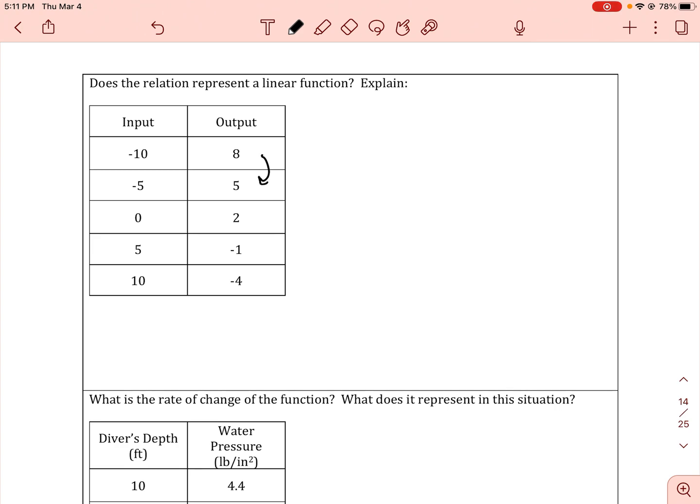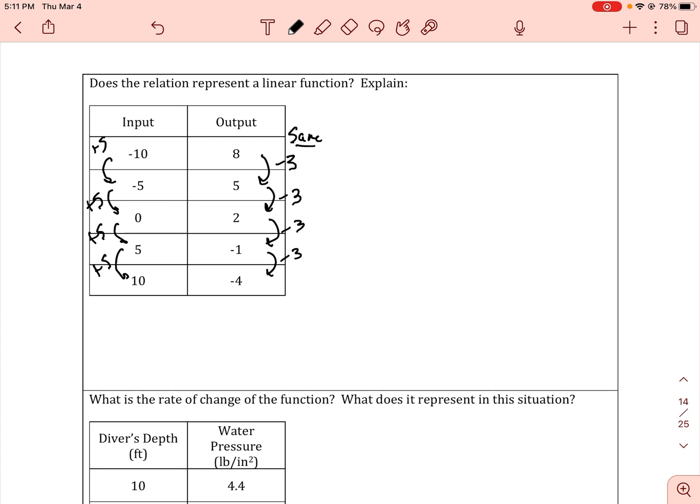So let's check our outputs here. We're going down 3, down 3, down 3, down 3. Here's the same, so that's good. But the other side has to be the same then as well. This goes up 5, up 5, up 5, up 5.